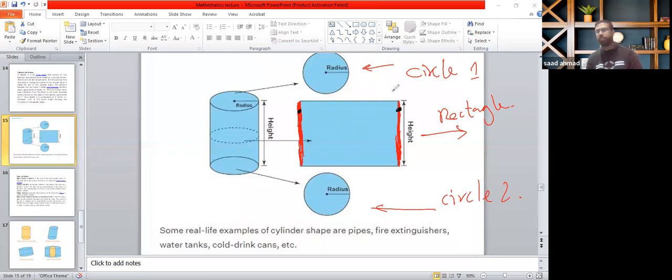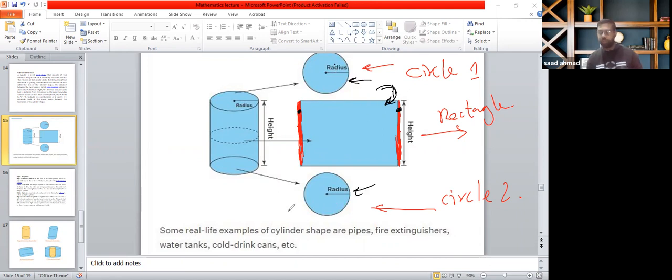So you roll it and glue them together. Just like if you have pages, if you roll it and join the ends, it makes a curve. And then on the open ends, you put 2 caps, like this.